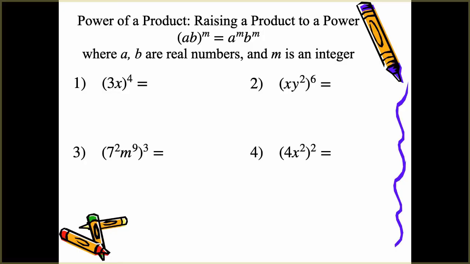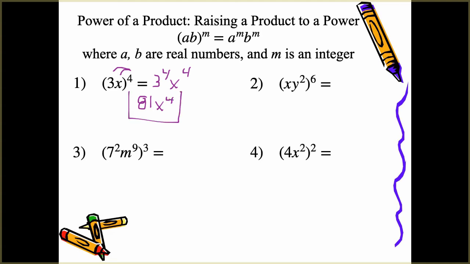And we can do the rainbow method like we do with the distribution. We want to distribute the power into the parentheses. So we're going to bring it into everything inside the parentheses. So then we have 3 to the 4th, x to the 4th. All right, when we got 3 to the 4th, we put that on our calculator, we get 81, x to the 4th.